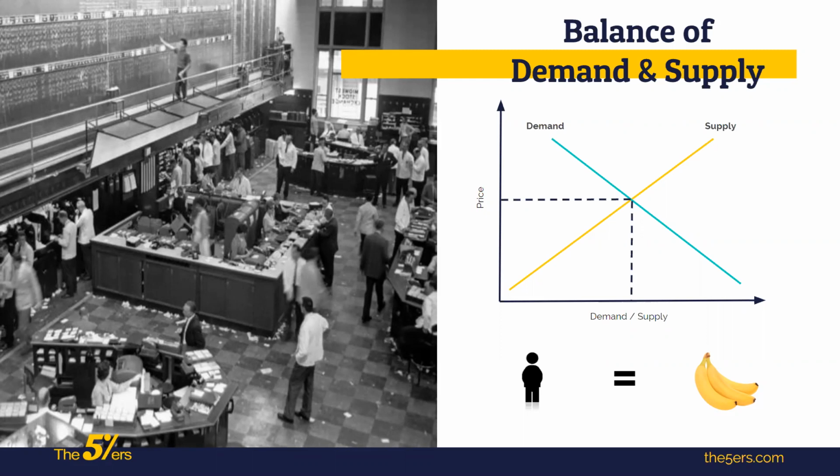There's not going to be any deal if someone wants to buy something that is not available, or if someone wants to sell something and there are no buyers, right? Because we must have the two sides agreeing upon quantity and price.